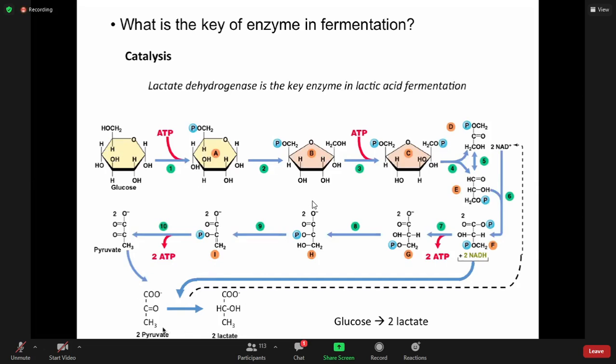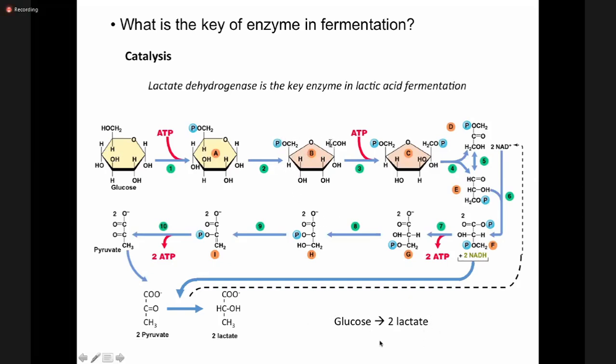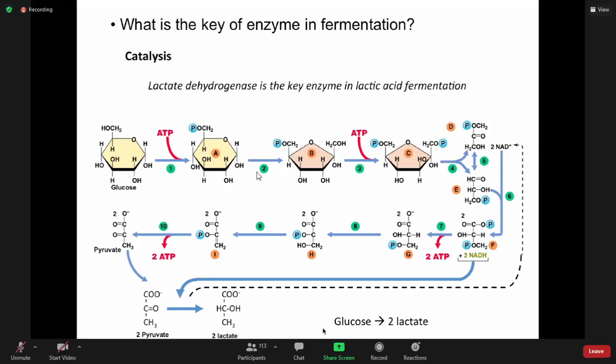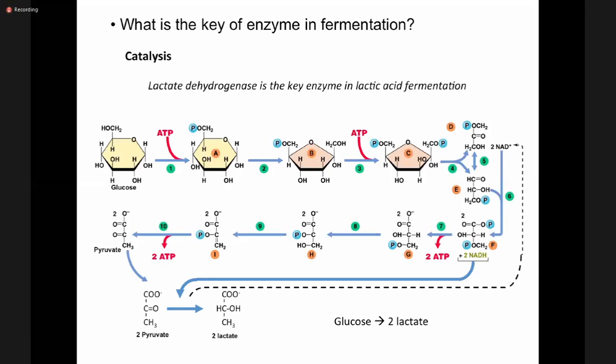This is just a simple reduction of pyruvate. You can see the keto group here. This keto group is reduced to give lactic acid like this. Then we get 2 lactic acid from glucose. That's lactic acid fermentation and lactate dehydrogenase.